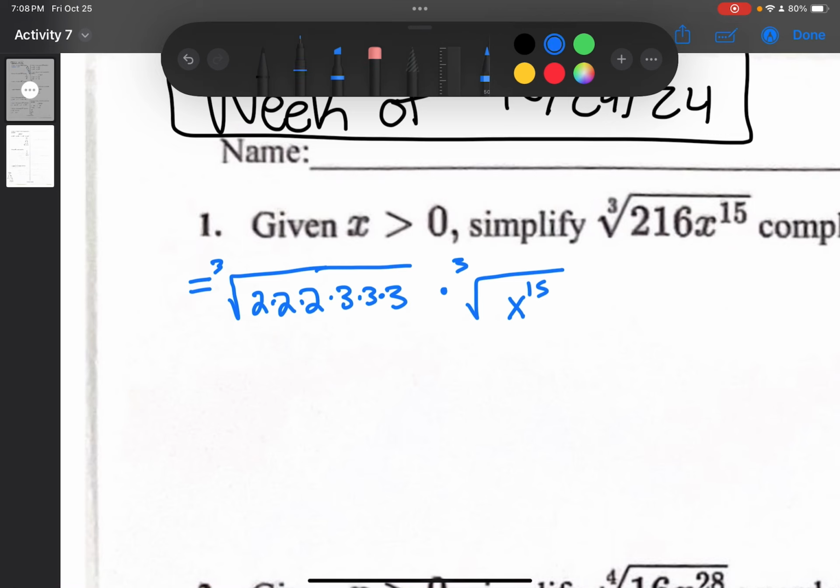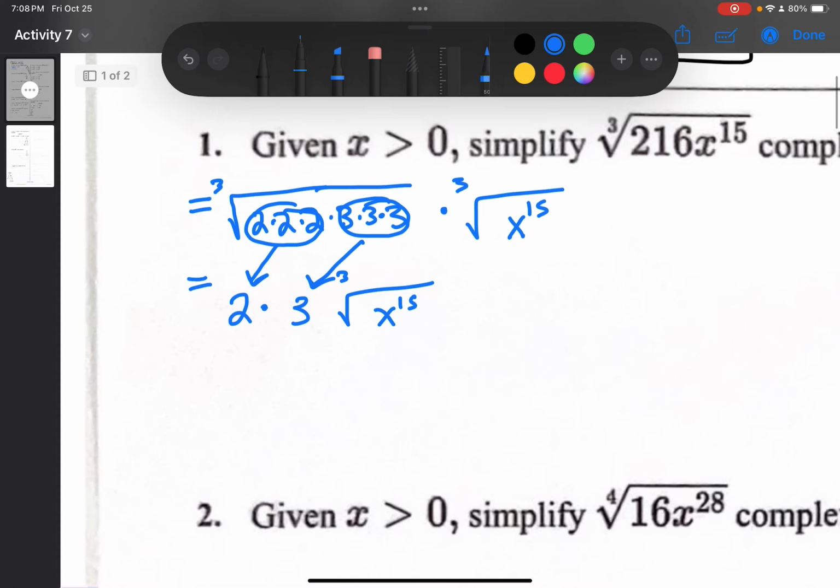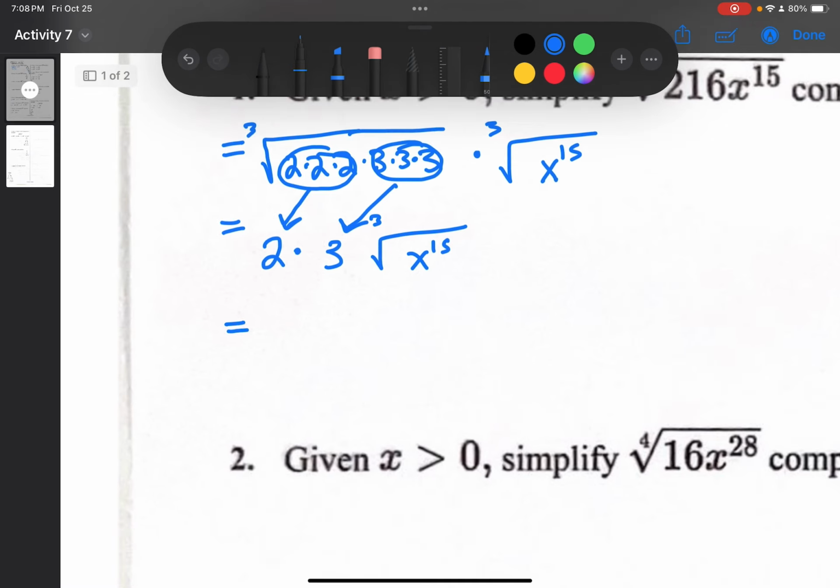So our next step here is, if we remember, we find the groups of 3 and we pull those numbers out. So this is going to be pulling out a 2 times pulling out a 3. And we haven't touched this one yet. This is what leaves with the 15, x to the 15th, under the cube root. From this, we can simplify that 2 times 3 to 6.